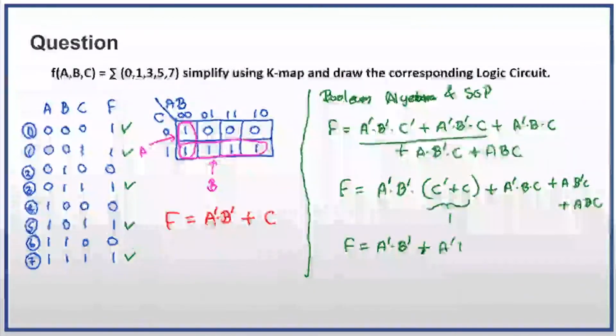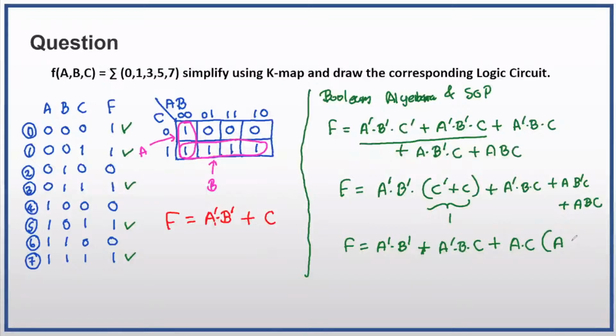A dash BC, plus in these two terms A and C are common, and you keep B plus B dash. So this is also one.